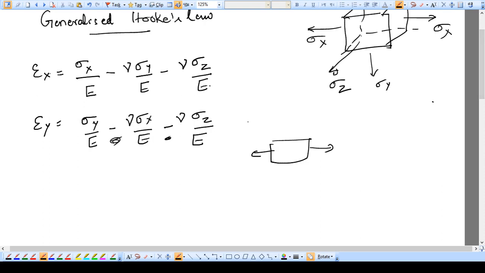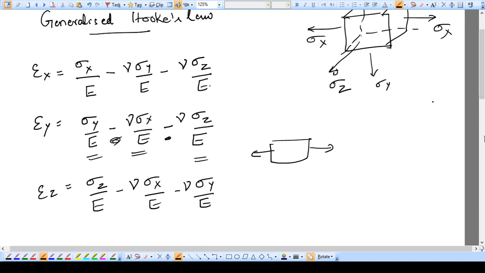So these two terms account for the lateral strain and this for the longitudinal strain. Similarly, for strain in the z direction, I can write sigma z by E minus Poisson's ratio sigma x by E minus Poisson's ratio sigma y by E.